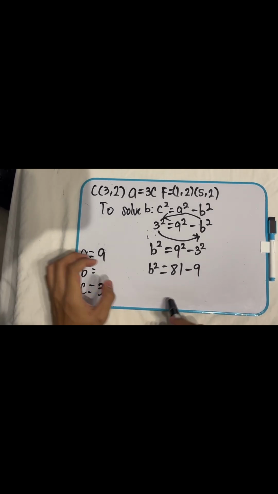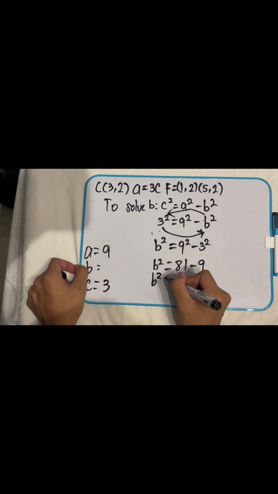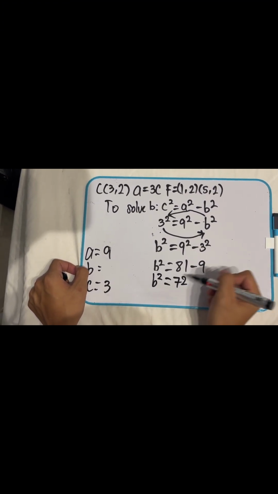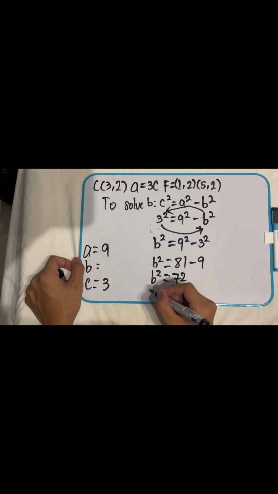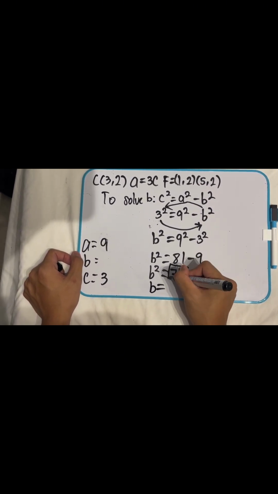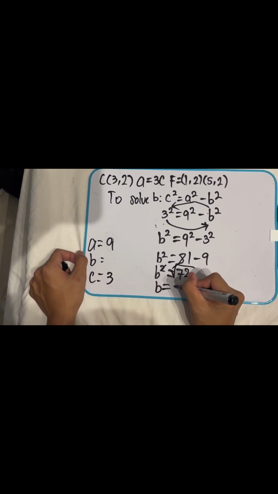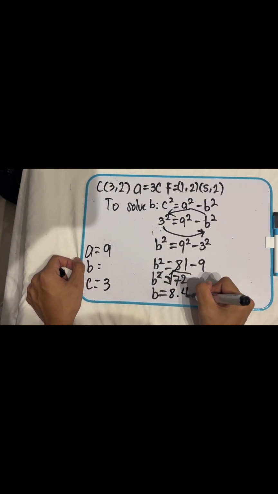So b squared equals 81 minus 9, whereas b squared equals 72. And the value of b is the square root of 72, which is 8.48.